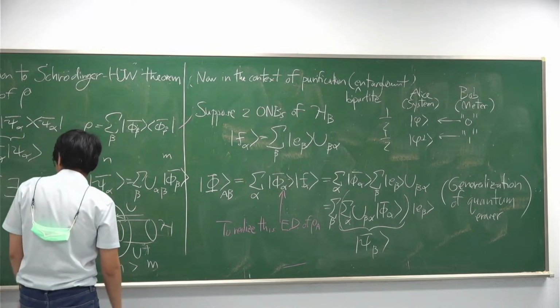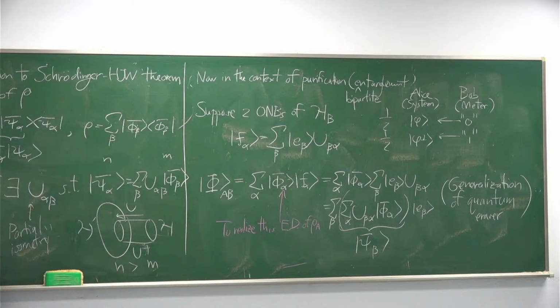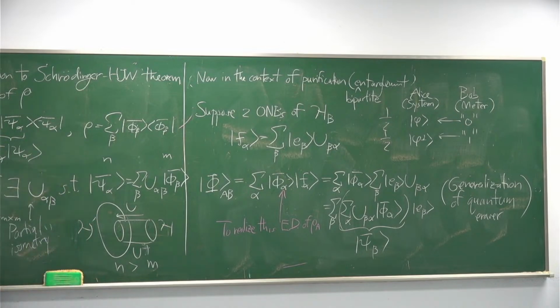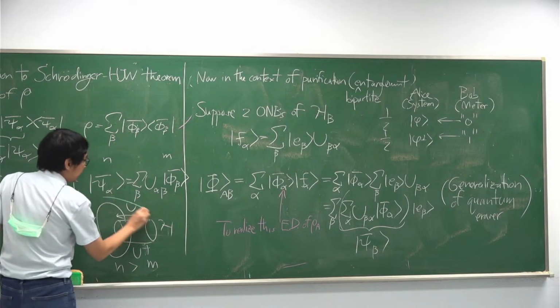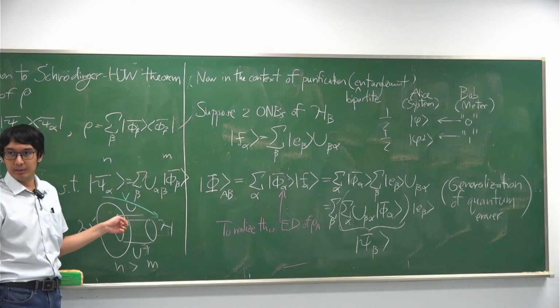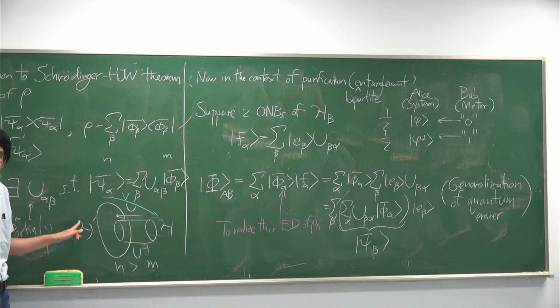So here, if I apply U first and then apply U dagger, that is the identity matrix in the smaller Hilbert space, right? If I try to define a unitary matrix V from here to here, the problem is that there has to be some kernel, so it's not really unitary.